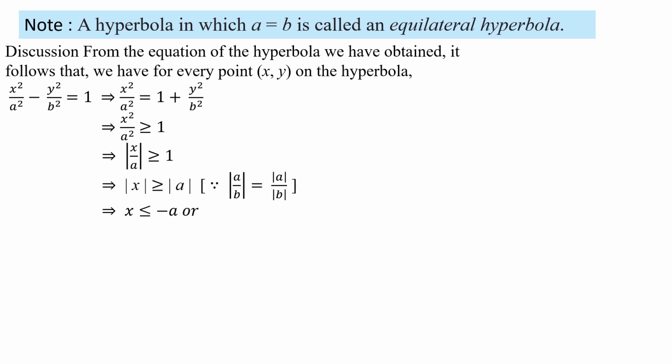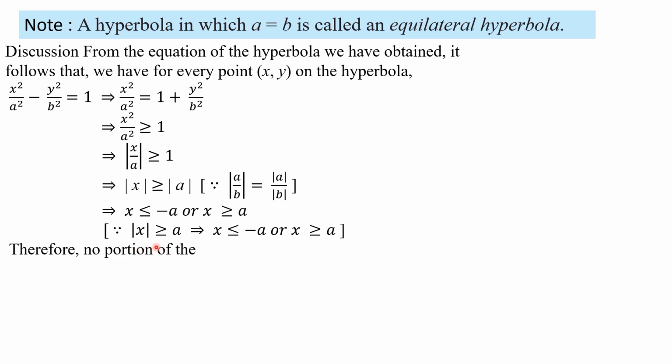This implies x is less than or equal to minus a, or x is greater than or equal to a. Okay, my children, here we use this modulus function condition: modulus of x is greater than or equal to a implies x is less than or equal to minus a, or x is greater than or equal to a. By using this result, we wrote this step. Understood this step, my children?